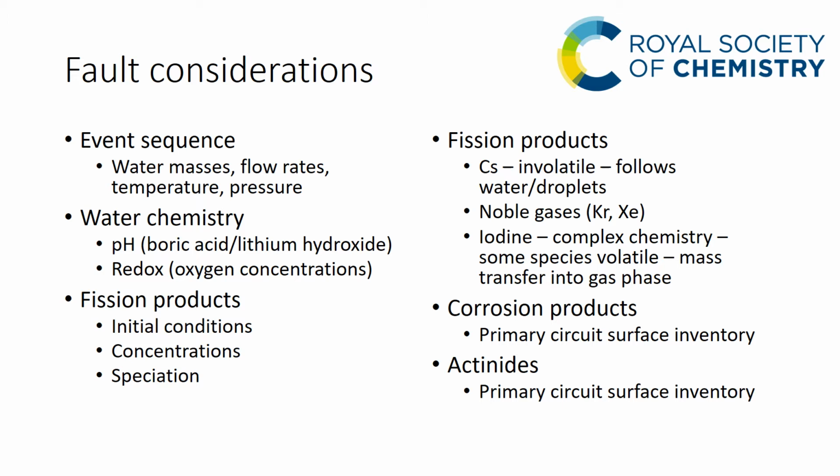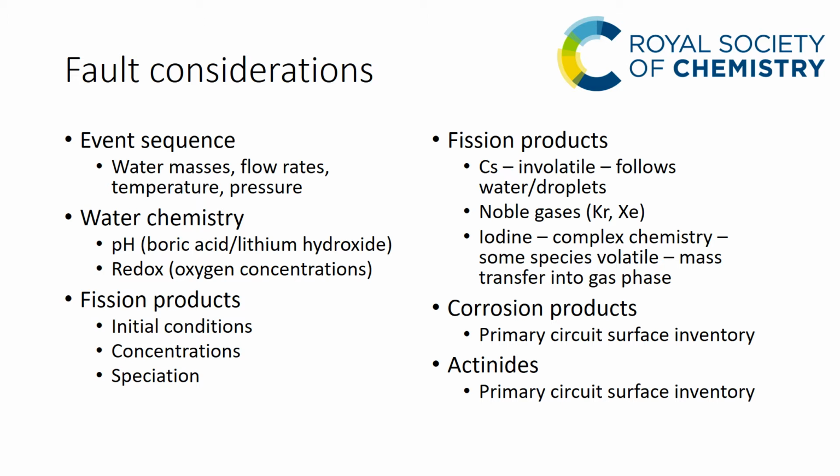In a fault situation in the primary circuit, safety injection is introduced which contains oxygen. We need to consider fission products as well, what the initial conditions are, what the concentrations are, and what the speciation is. For the fission products, cesium is an important fission product. It's volatile. It exists as the Cs+ ion, and generally speaking follows water and droplets. In other words, the thermal hydraulics of the system.